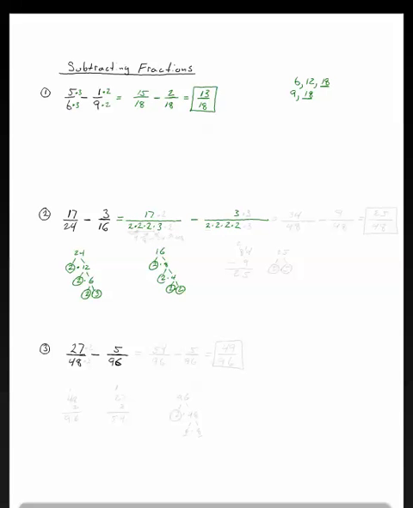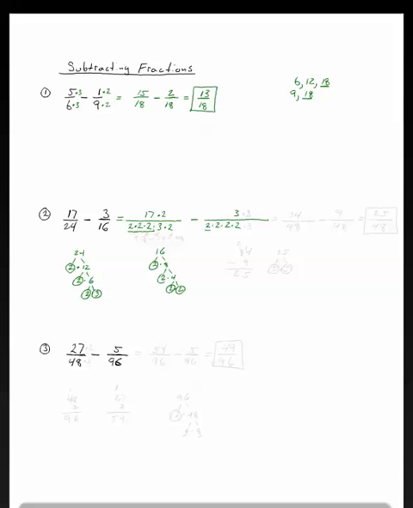The next goal is to make these two prime factorizations look identical. When I look at the first one, I see that there are 3 factors of 2, and in the second one, there are 4 factors of 2. So I'm missing 1 factor of 2. So I multiply by 2. If I'm going to do it to the denominator, I have to also do it to the numerator.